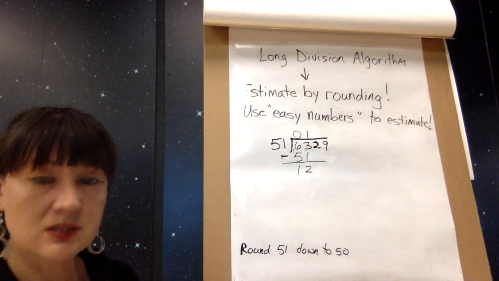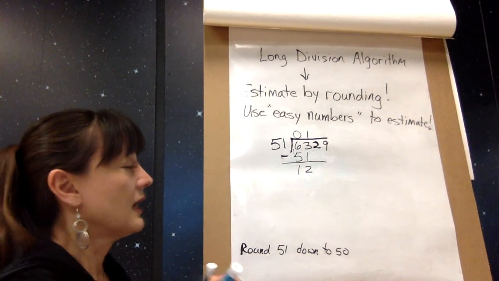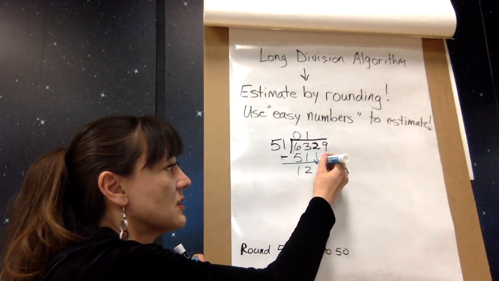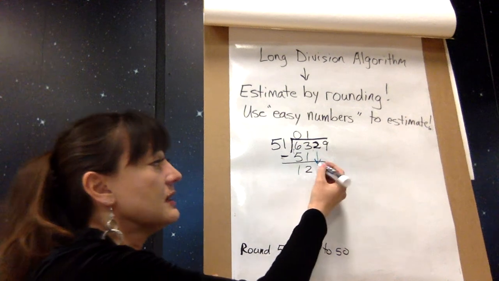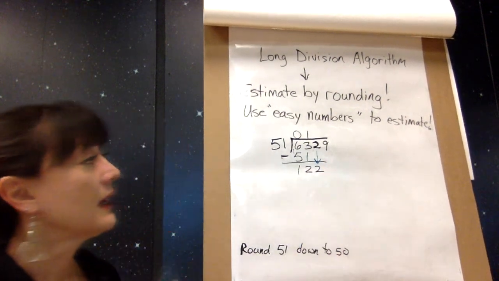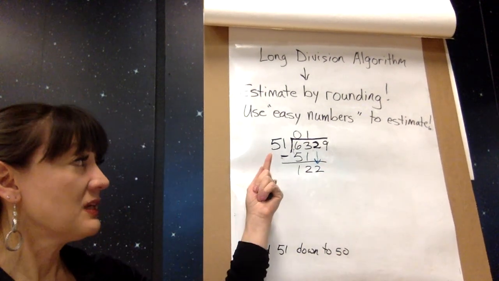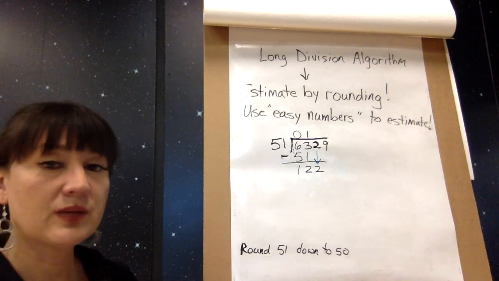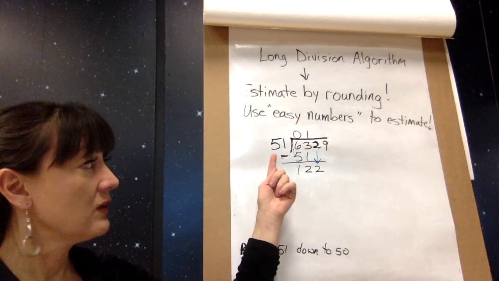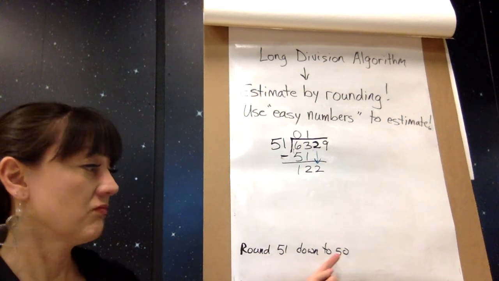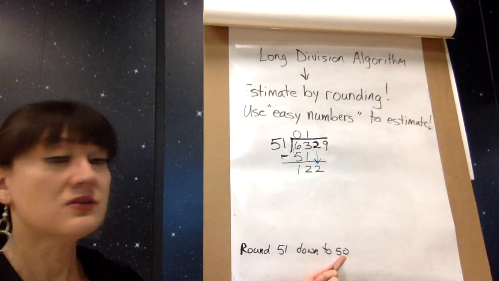Now we're going to start our second step, and this is our new number to divide. So we bring down that 2, and our new number is 122. And we're going to ask ourselves, how many times does 51 go into 122? Well, if I use easy numbers to round, I know 51 rounded down is 50.